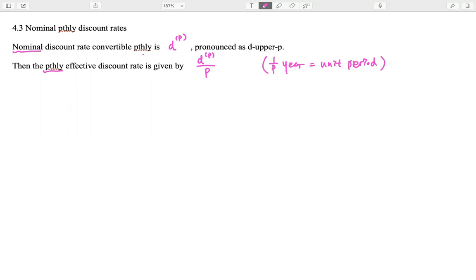From there, we can easily establish the equation, because we know to get the pthly effective discount rate, we can also do this, right? d is the effective annual discount rate.